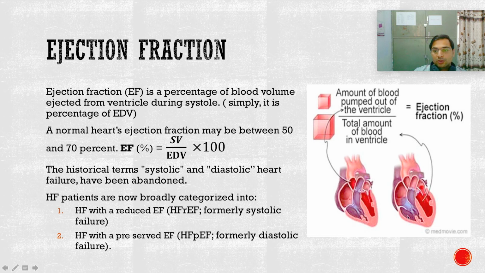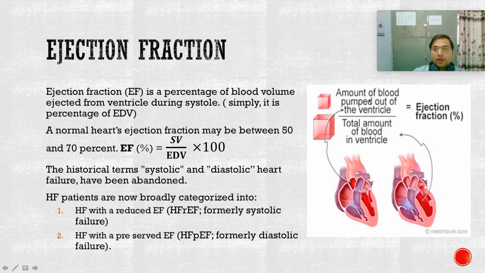You can look into this picture also, right? Ejection fraction is based on the stroke volume, the amount of blood pumped out of the ventricles. You can see the ventricles are in a systolic condition where the systole has taken place and the ventricles have contracted and pushed the blood into the respective arteries, right?